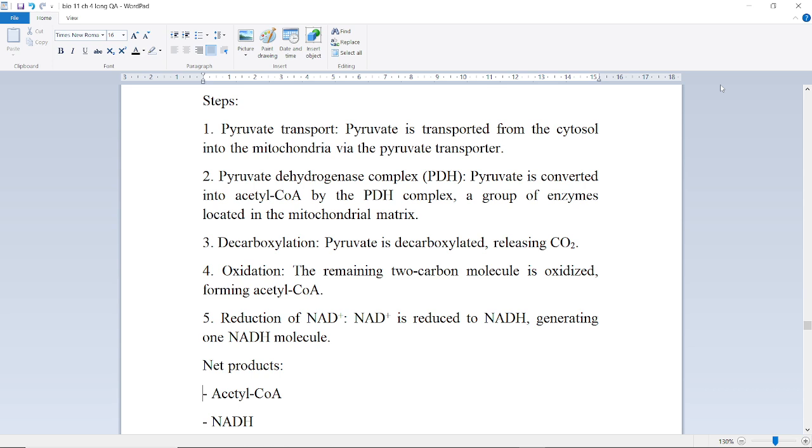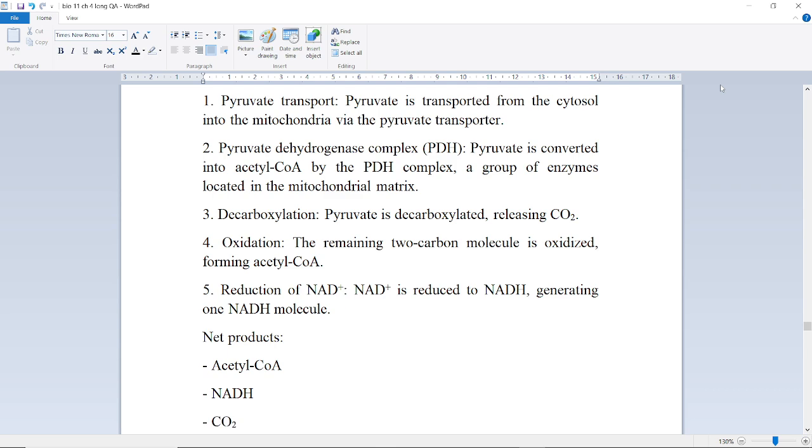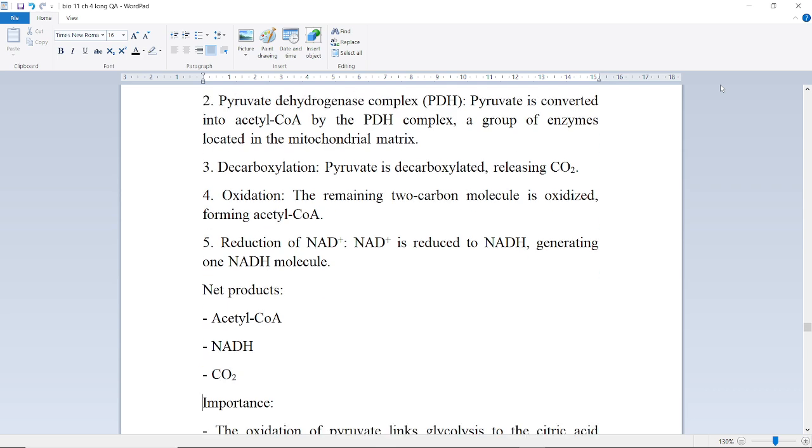Decarboxylation: pyruvate is decarboxylated, releasing carbon dioxide. Oxidation: the remaining 2-carbon molecule is oxidized, forming acetyl-CoA. Reduction of NAD+: NAD+ is reduced to NADH, generating 1 NADH molecule. Net products: acetyl-CoA, NADH, CO2.